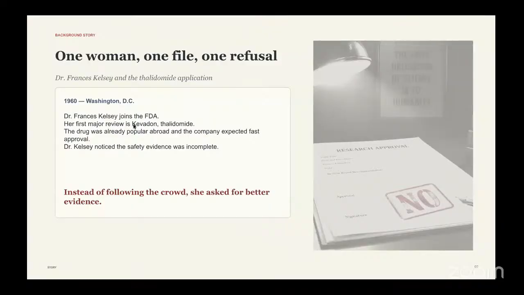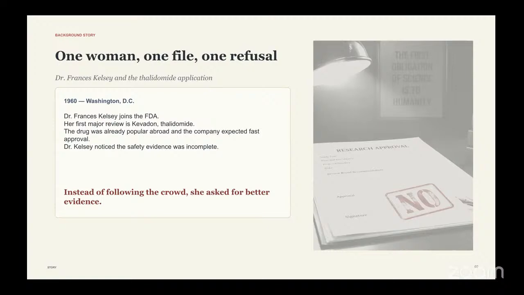Frances Kelsey. In 1960, she joined the FDA, and one of her major assignments was reviewing an application for a drug called Kevadon, which is thalidomide. At the time, this wasn't some obviously dangerous drug. It was already being used in many countries and it was popular. So the company expected the approval process in the United States to be relatively straightforward, and there was a lot of pressure on her to simply say yes.